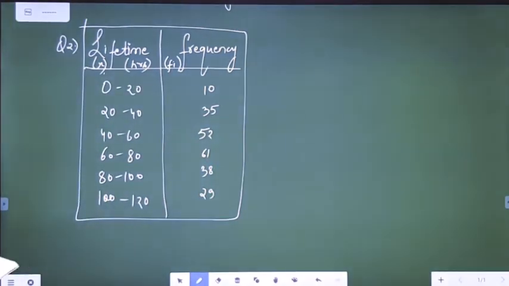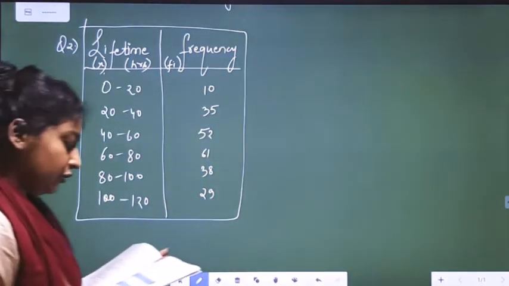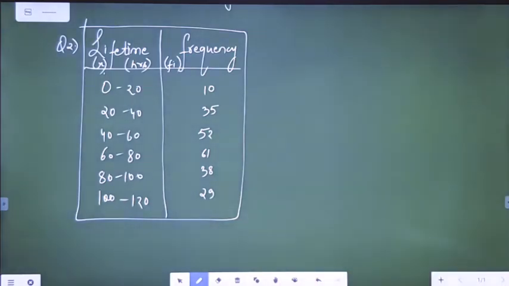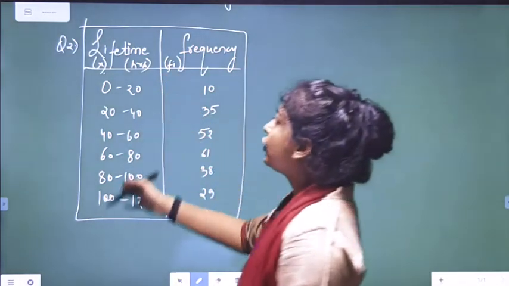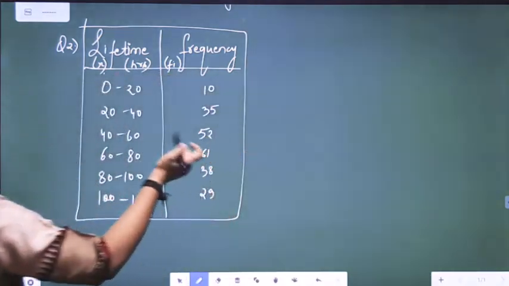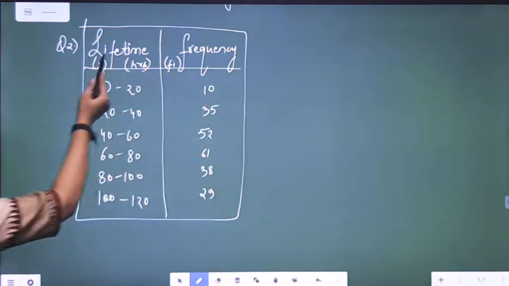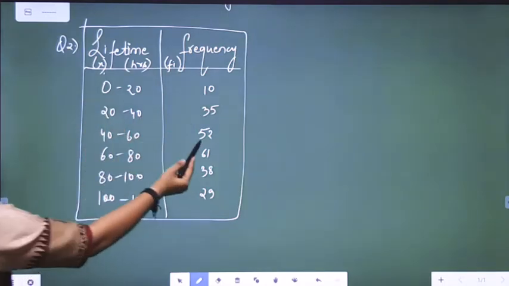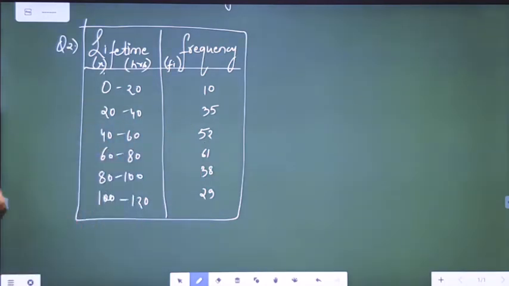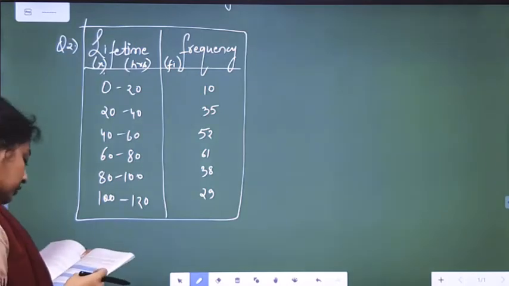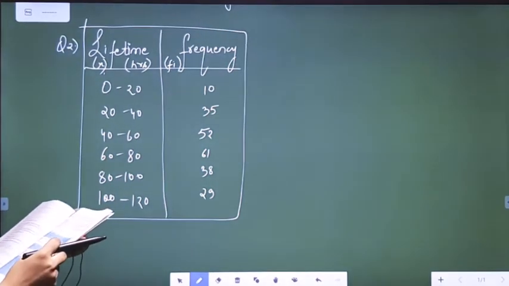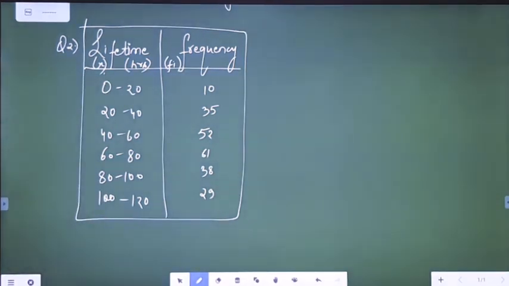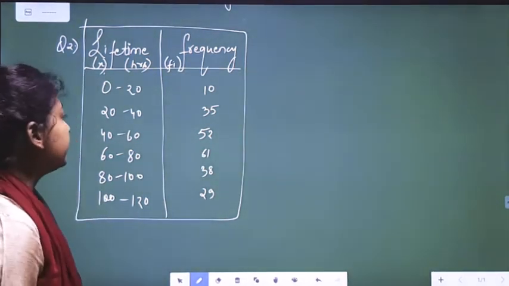The following data gives the information on the observed lifetimes in hours of 225 electrical components. That means 10 components have lifetime between 0 to 20 hours, 30 have between 20 to 40 hours, 52 have between 40 to 60 hours, and so on. Now we have to determine the modal lifetime of the components. That means we have to find the mode of this frequency distribution, right?